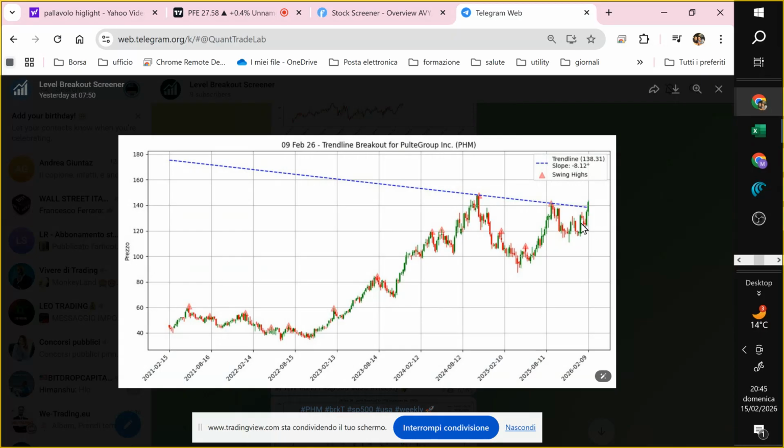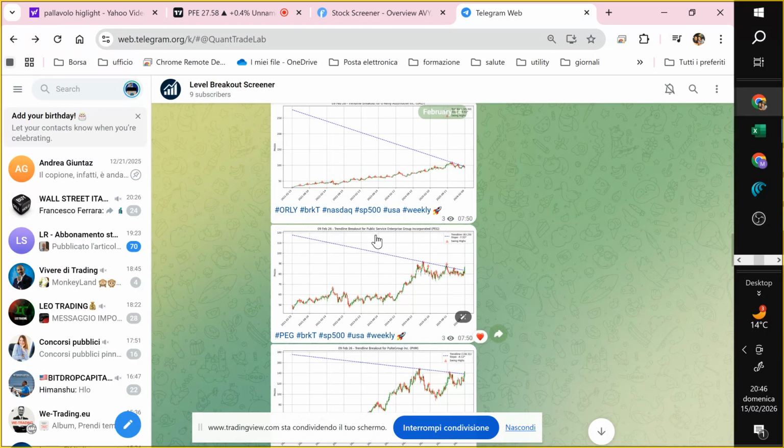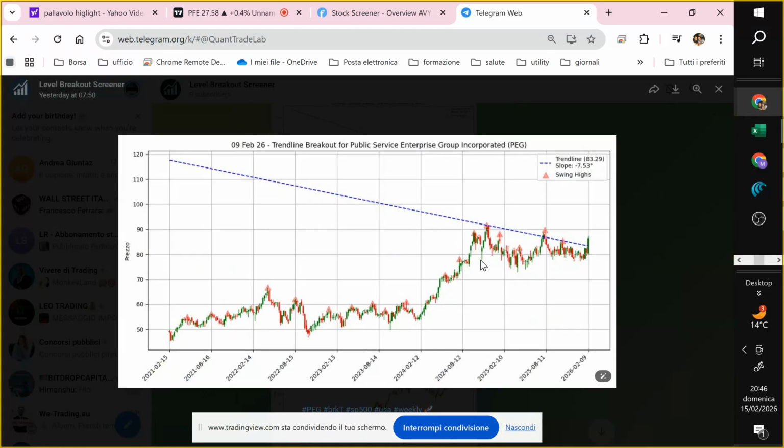This is very good compression because we have a lower ascending and a higher descending line, so I prefer this kind of compression. Also here we have a good congestion of the price, and then a very good breakout with a low slope, and this meets all the characteristics.